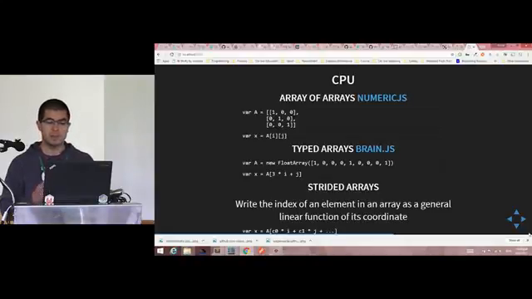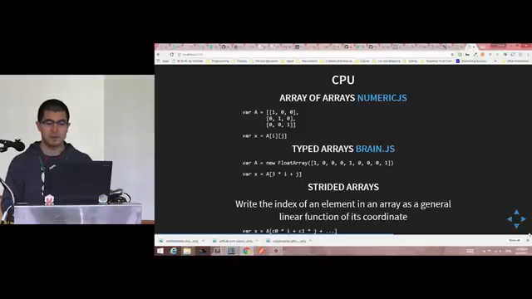But if you want to iterate over it, access it, or transpose this matrix, it won't be very fast. One faster way to do that is to use typed arrays, which is my second example.